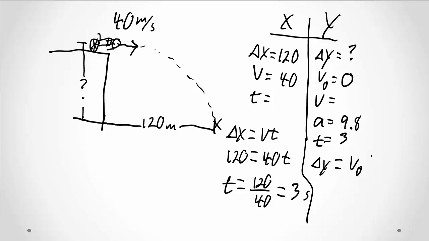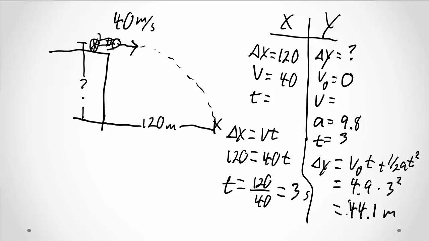Delta y equals v naught t plus 1/2 at squared. This guy is 0, so all we have to do is worry about this 1/2 at squared, so that's 4.9 times 3 squared, or 4.9 times 9, which my calculator tells me is 44.1 meters high. Okay, so that's our vertical height from which our cannonball was launched.